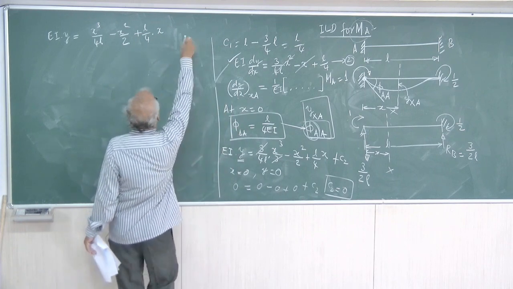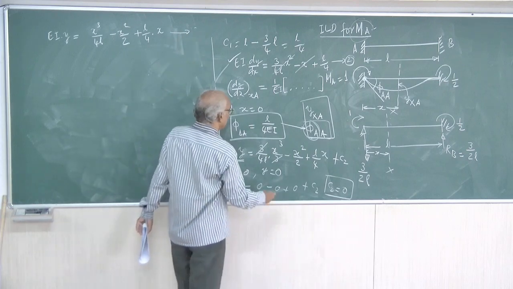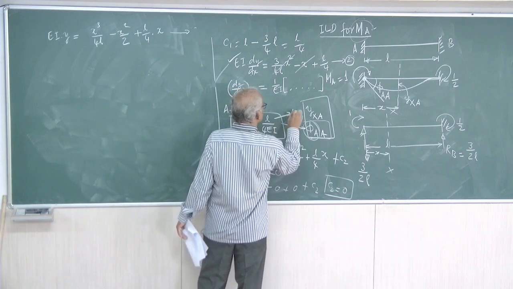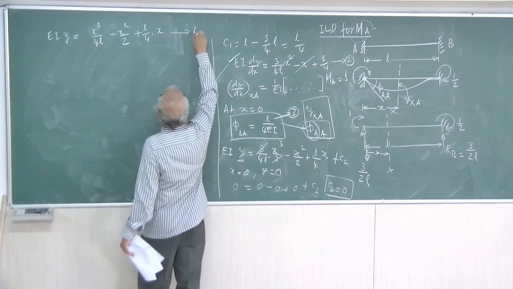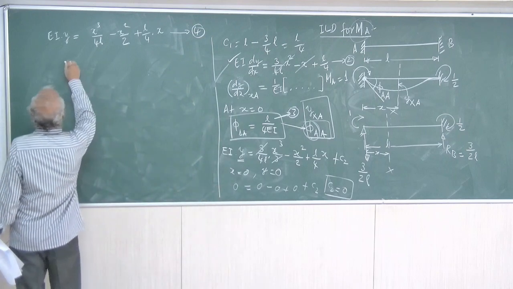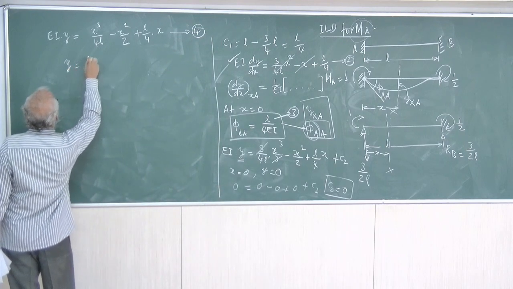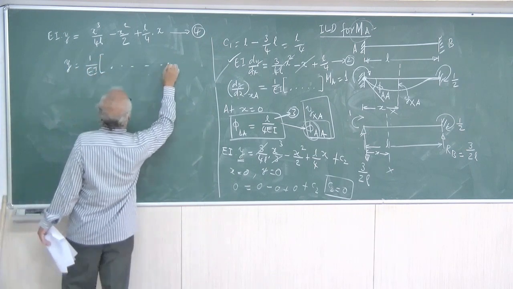So this will be another equation, equation 3. You can give some equation number for this. This is an important equation; you can make it equation number 4. Or you can say y equal to 1 by EI into this term.